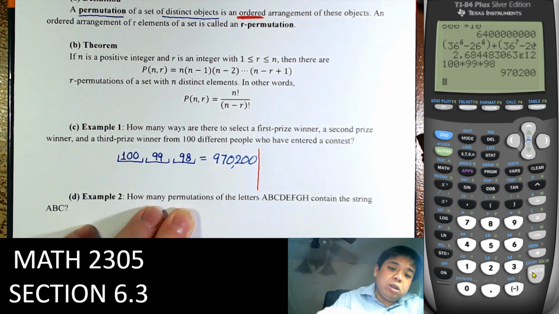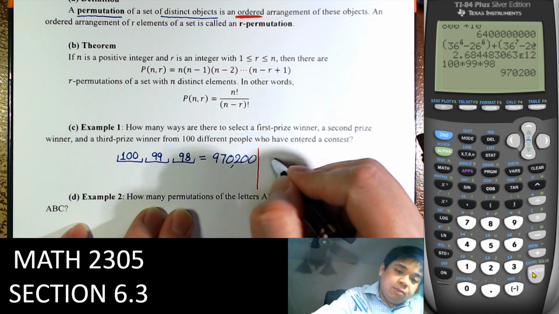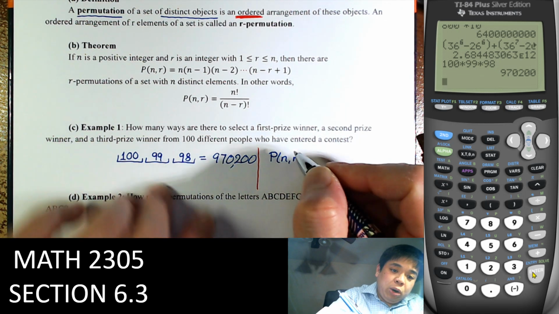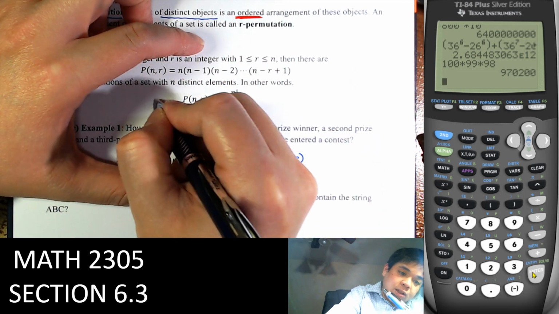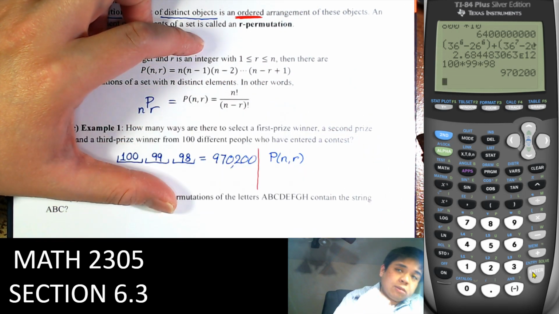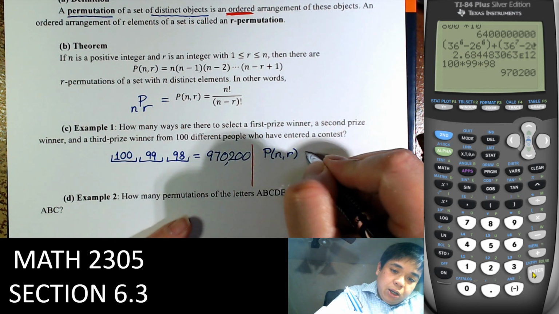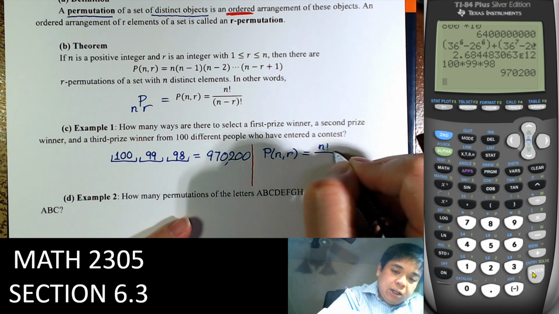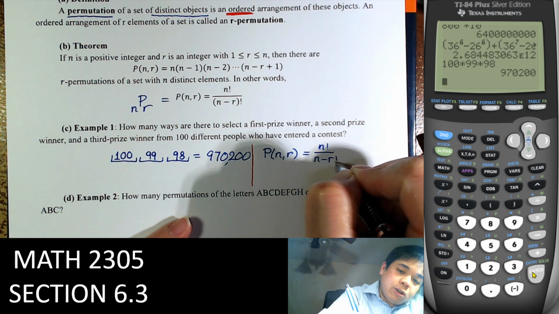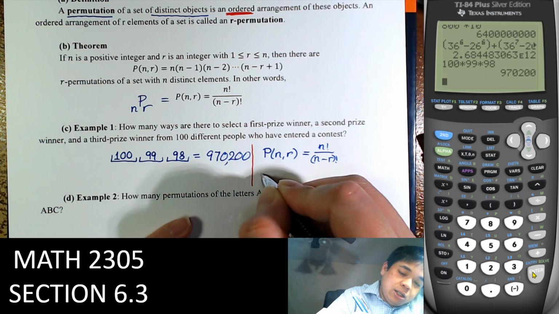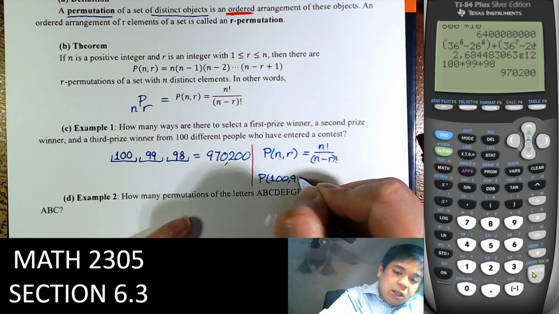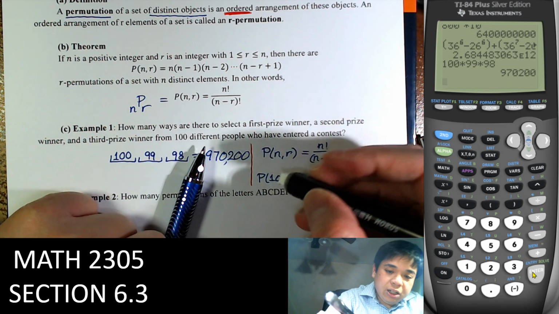That is if we use the counting formula. Now if we use the factorial formula, by the way, in other books you might see it written as n factorial over n minus r factorial. So in our case, P of 100, select 3.